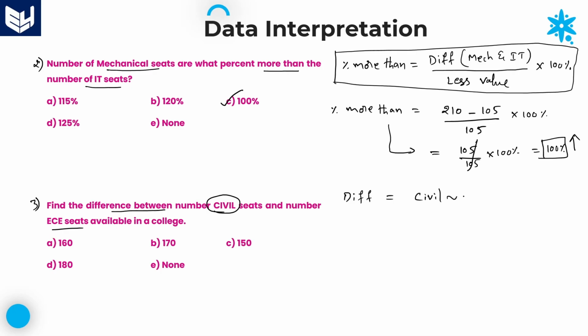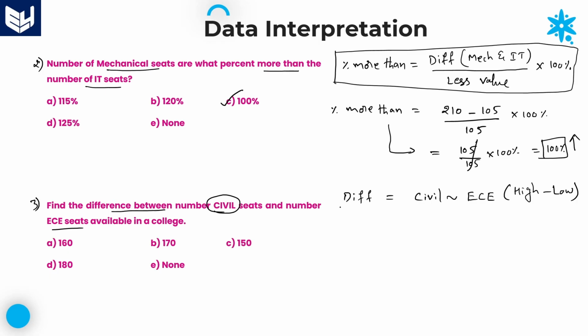Difference is always the highest value minus the lowest value. It is not about civil minus ECE, and it is not about ECE minus civil. The calculation is about highest value minus lowest value, and that indicates the difference between those two.